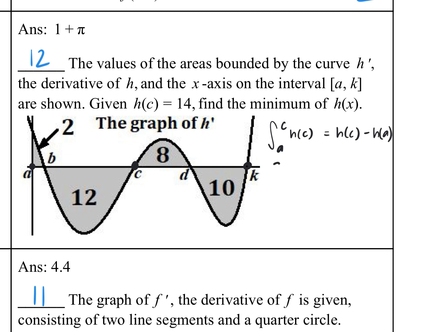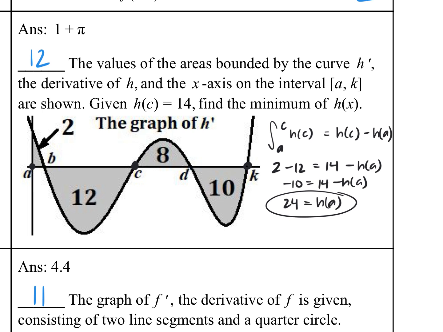So I've got 2 minus 12 is equal to 14 minus h of a. So this gives me negative 10 equal to 14 minus h of a. And if I solve for h of a, I am going to end up with 24. So h of a is equal to 24, h of c is equal to 14.